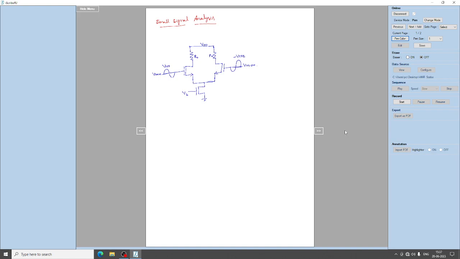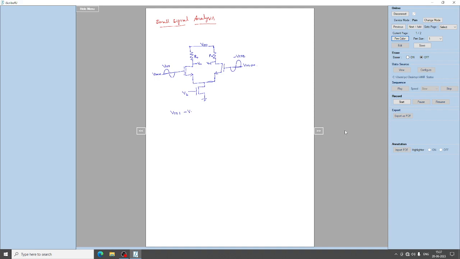Since both are mentioned as Vin1 and Vin2, it might be of different value. So this is basically the analysis of the differential signal, you can also call it, okay. So this is VO1 and this is VO2, understood.